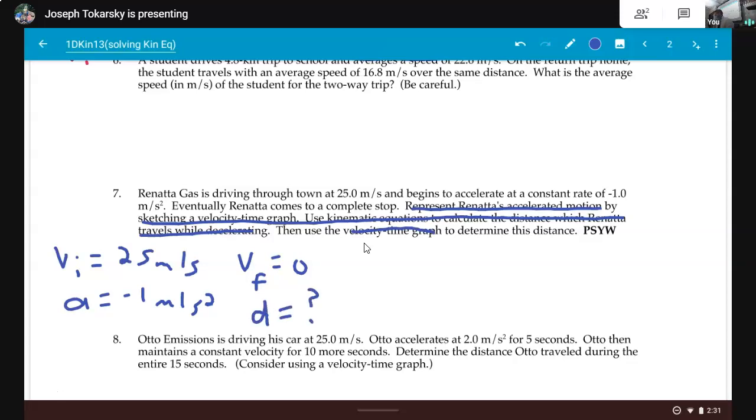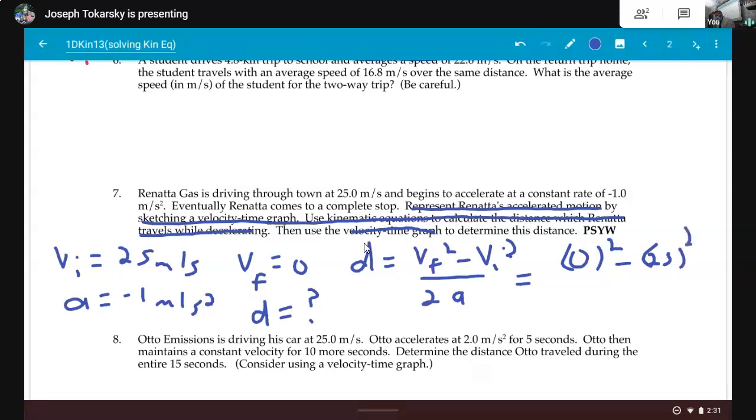It looks like equation 3 is getting hit hard a lot here. We're going to use that one again to find D. So one more time, VF squared equals VI squared plus 2 times A times D, solving for D. Plug in the numbers, and that's going to be 0 squared minus 25 squared, all divided by 2 times -1.